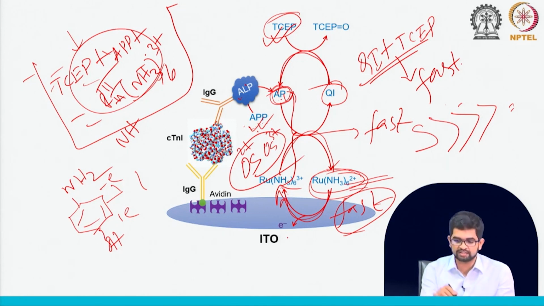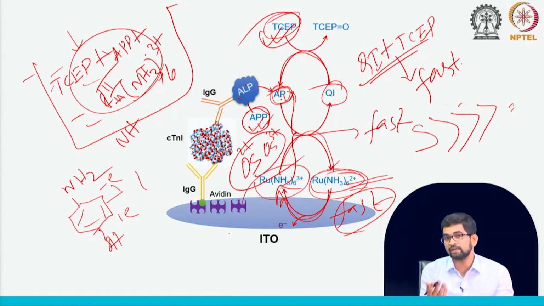This is just an example, but you have lots of scope, you can change by using different chemicals. That is why I am saying it is just a generic concept. You can change the substrate, the reducing agent, and the mediator, and you can get the best one.